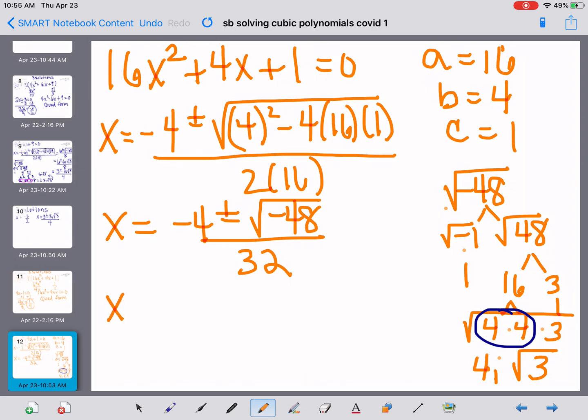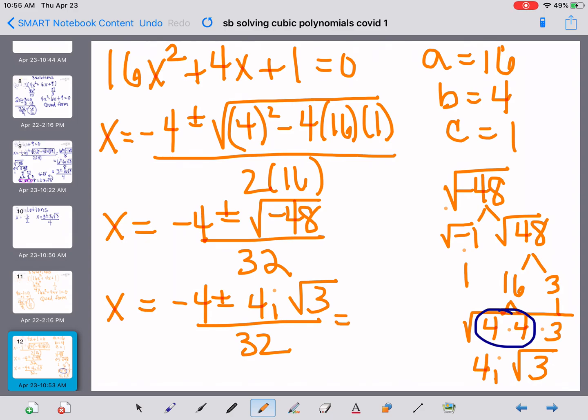So we can put that back in and we get negative 4 plus or minus 4i square root of 3 divided by 32. And again, Algebra 2 teachers are fine with that answer, but notice that we can simplify that a little bit here, and I'm going to have a tight squeeze when I'm writing it. But 4 and 32 are all divisible by 4.